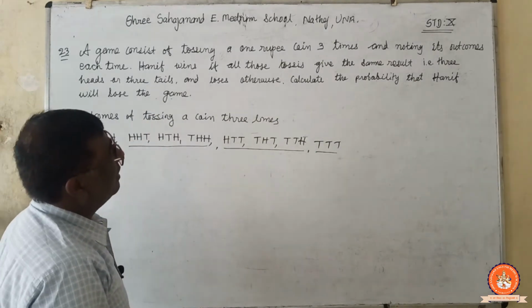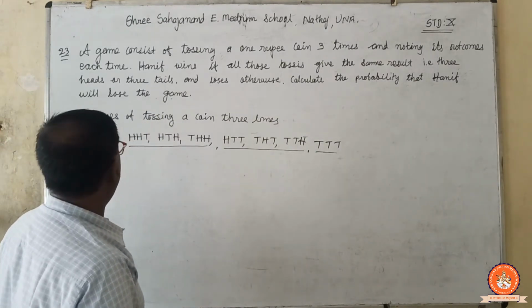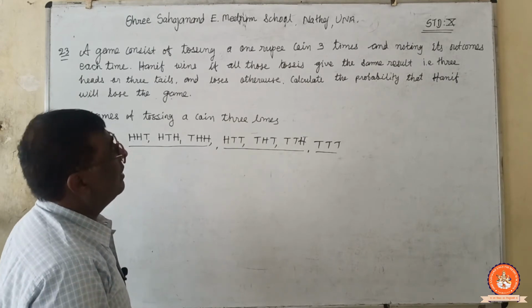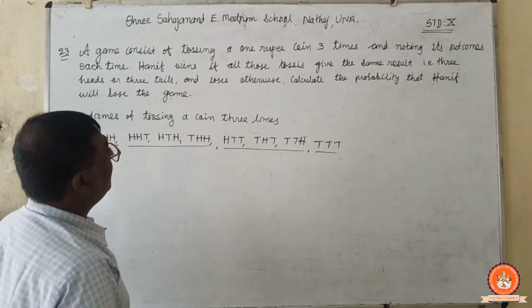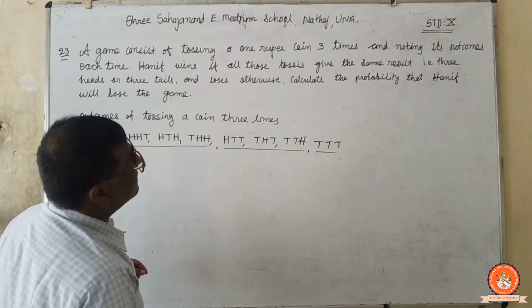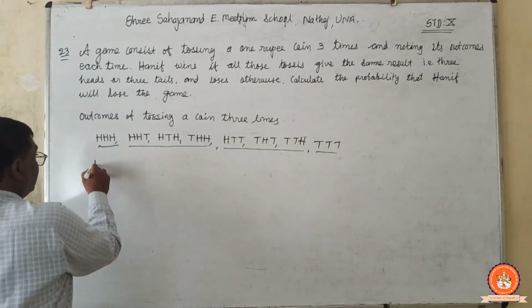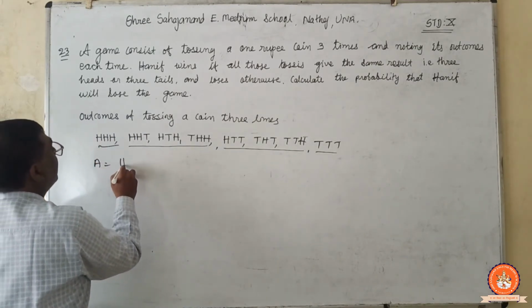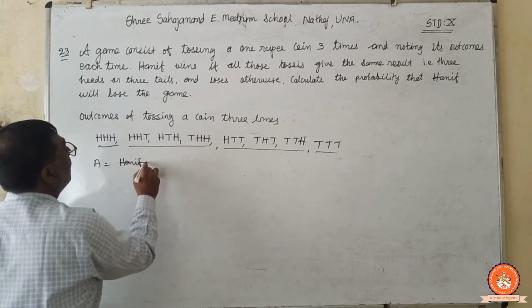Now Hanif wins the game if the same result comes all the 3 times. So A is equal to the event that Hanif wins the game.